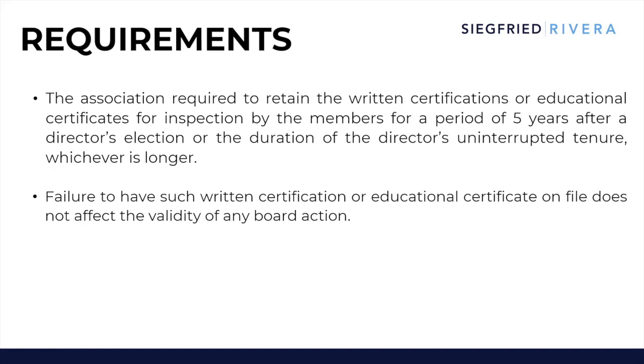It is also important to note that an association's failure to have written certification forms on file for directors does not affect the validity of any board action taken by the association. Therefore, board votes on association matters are still valid and enforceable, even if a director who has not completed the certification requirement remains on the board and participates in that board decision.